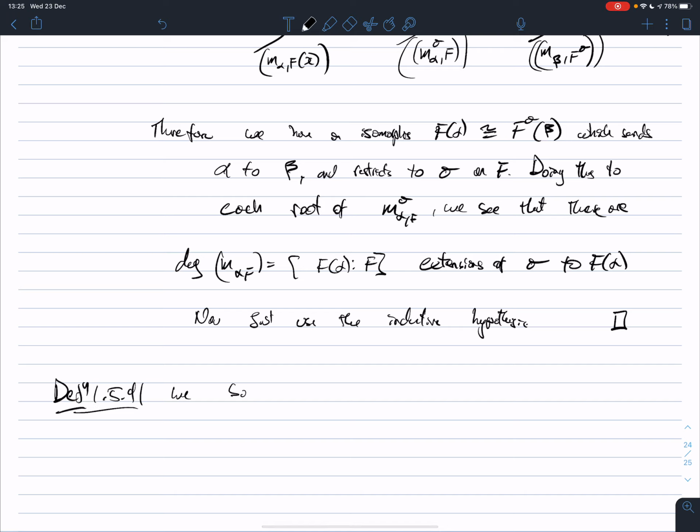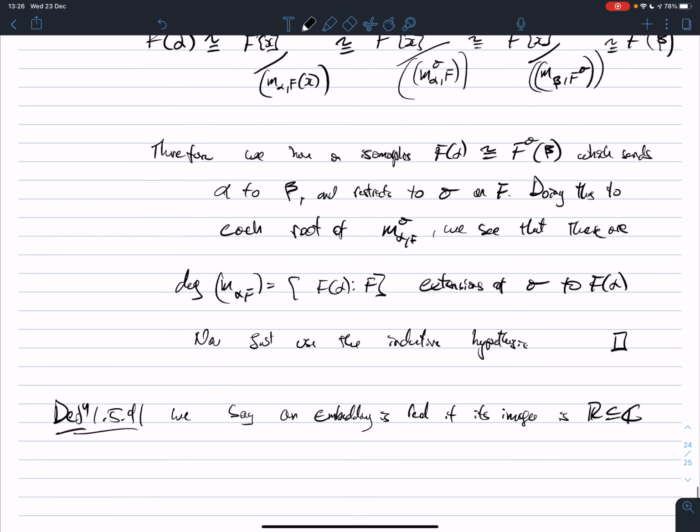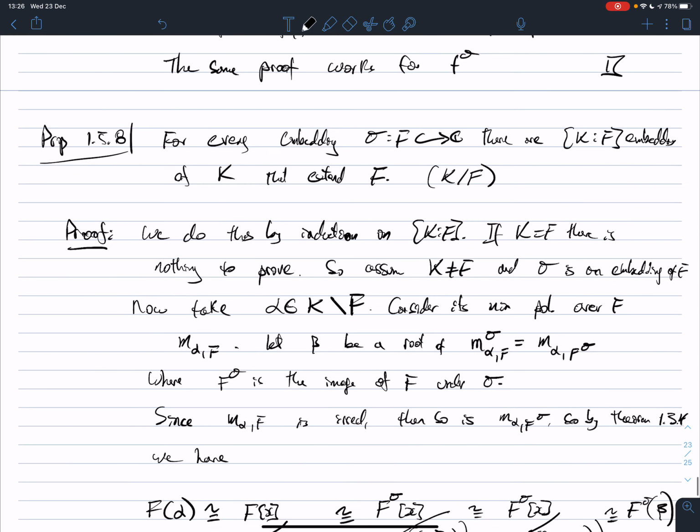We say an embedding is real if its image lands inside the real numbers inside of the complex numbers.